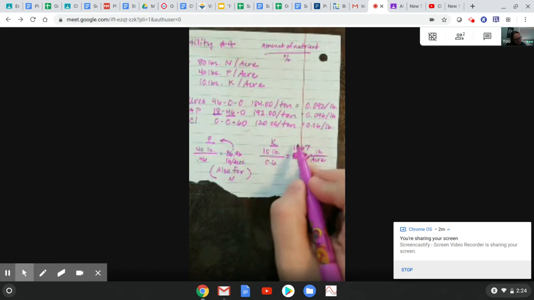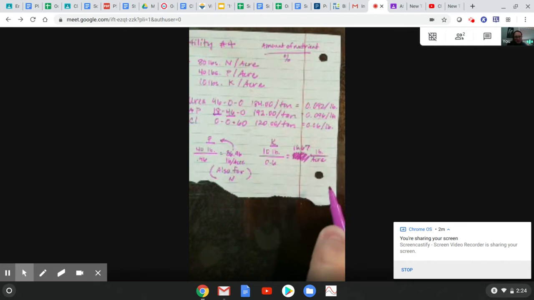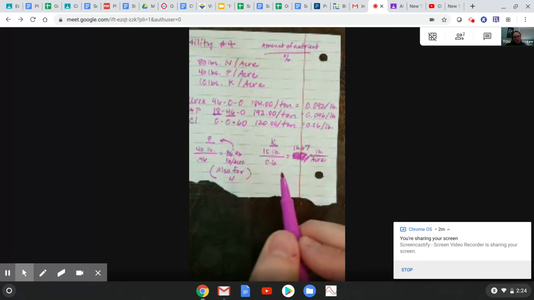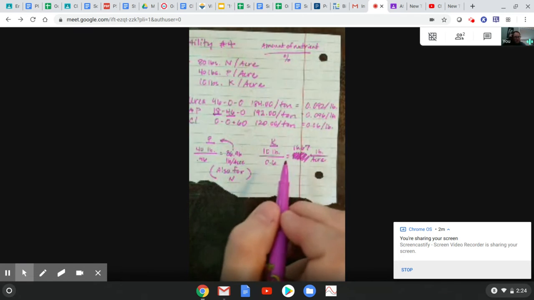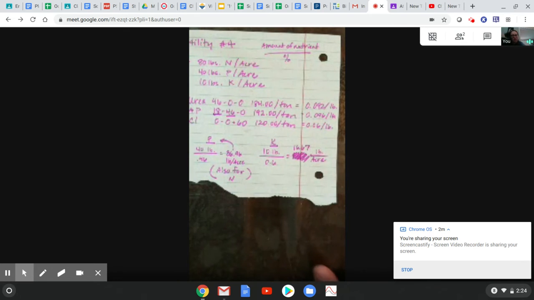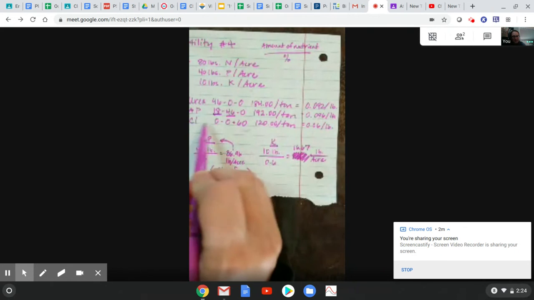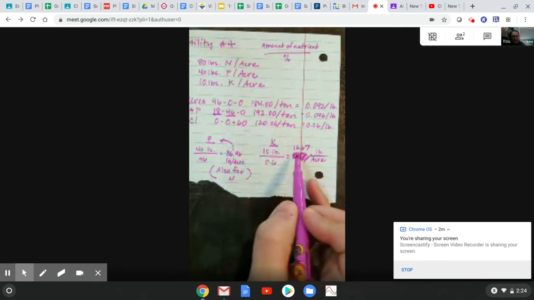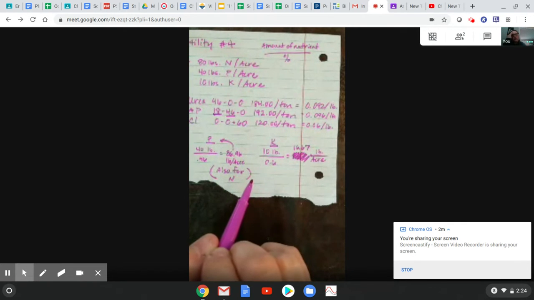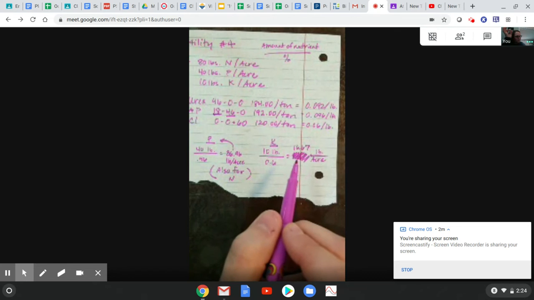So I need 16.67 pounds per acre. That's how much of that fertilizer I have to use to get the right amount of potassium on my field. So when calculating a fertilizer blend, I would need to put 16.67 pounds per acre of this KCl fertilizer in my mix.